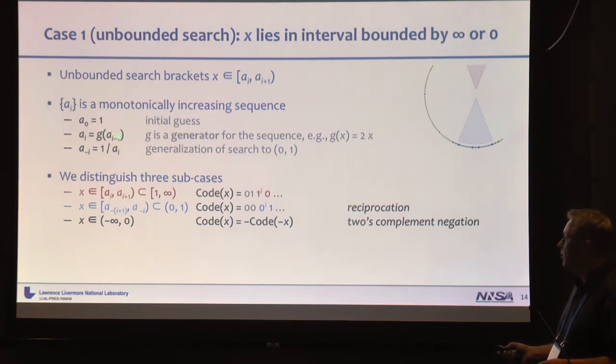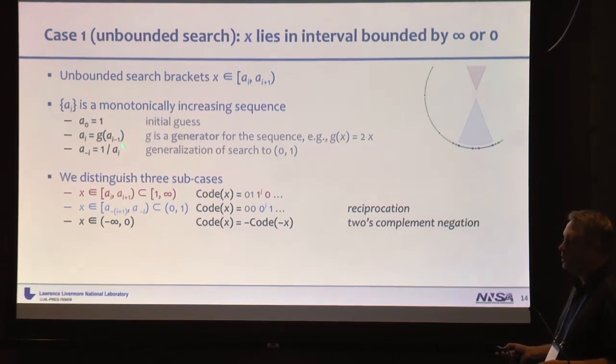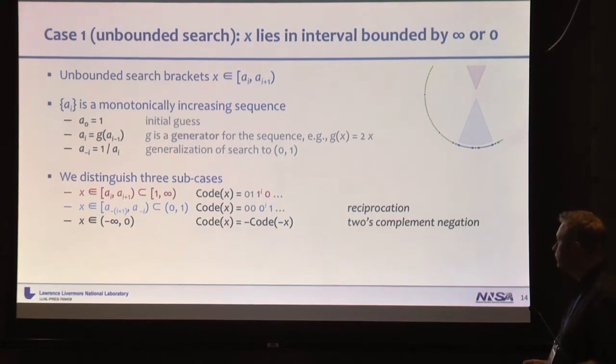You plug in the previous number and you get a new number, and you plug that back in and keep going to generate this increasing sequence. As an example, for Elias gamma or posit 0, you just double the previous guess and keep going that way. Again, we have the reciprocal numbers here to generalize this to numbers between 0 and 1.